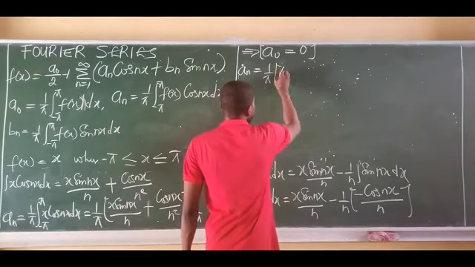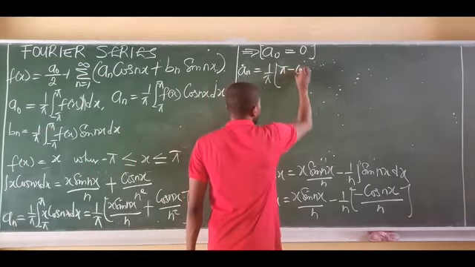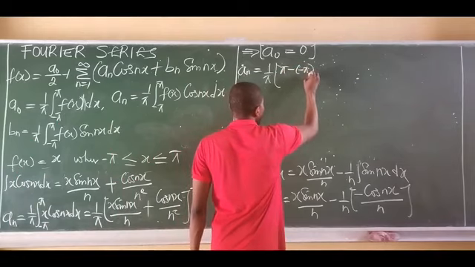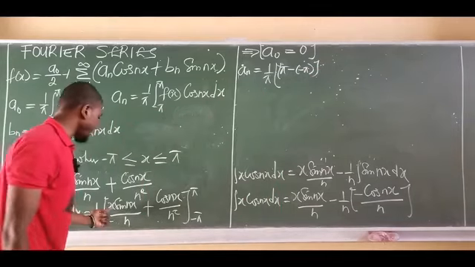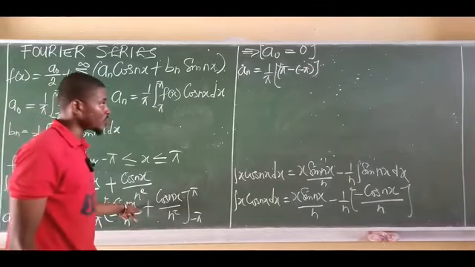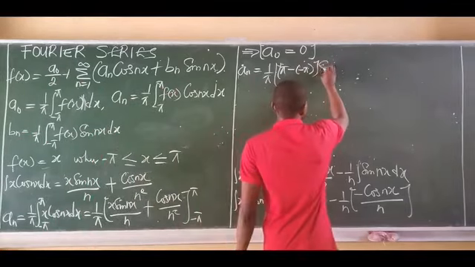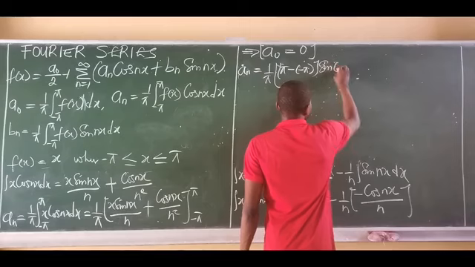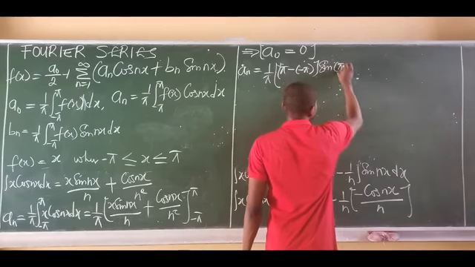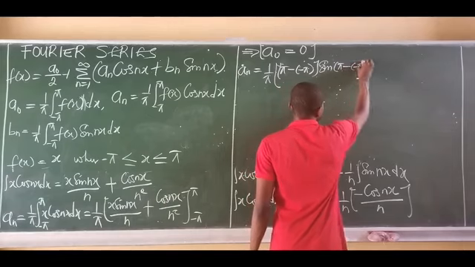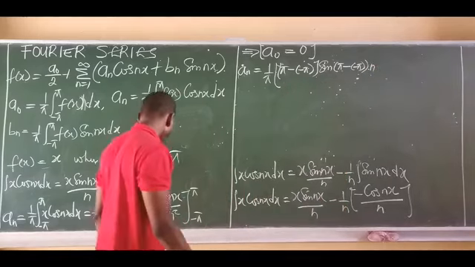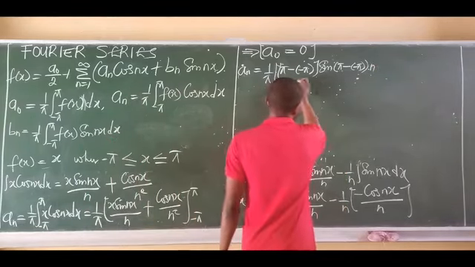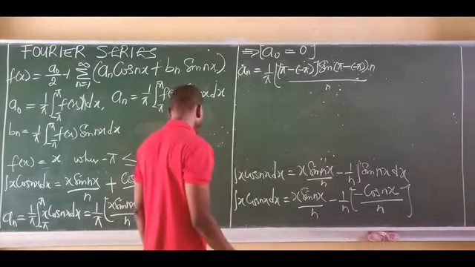The upper limit is pi, and the lower limit is minus pi. This is multiplied by sine nx. There is x there as well. So you have sine, x there becomes upper limit pi minus lower limit, times n all over n. So this is for the first case.